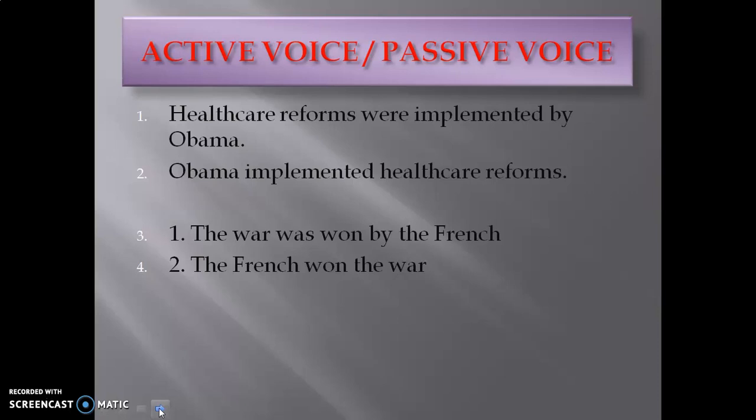It's more academically written. Next example. The war was won by French. It's a very simple way. In order to raise your skills, to show your skills academically, you can write in this way. For example, the French won the war.